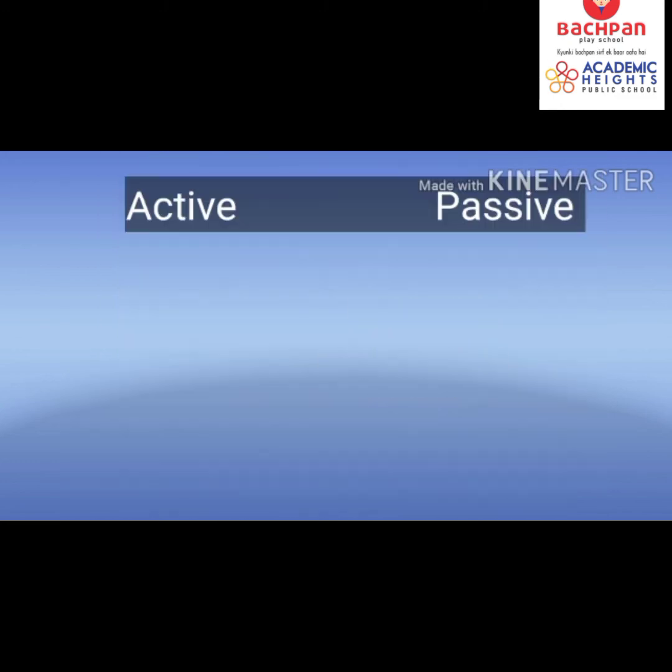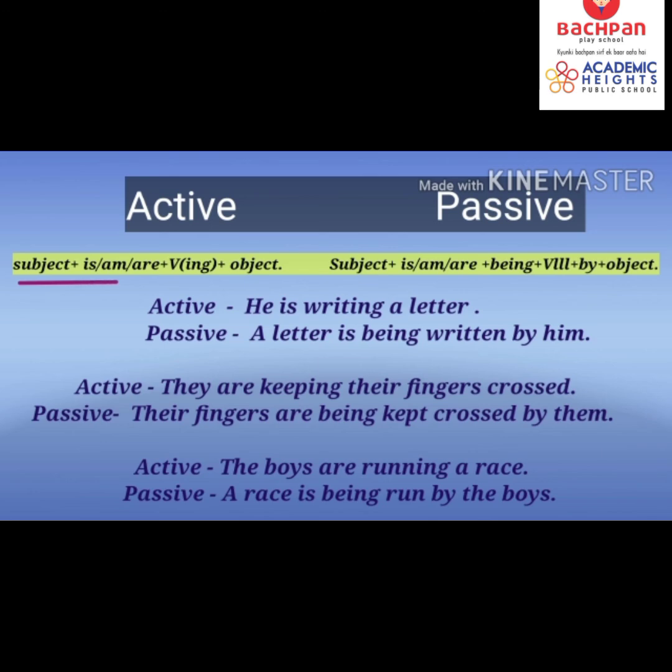The structure of the active sentence in present continuous tense is subject, is, am, are, plus verb with ing, and then object. And in the passive sentence we will write subject, is, am, are, plus being plus past participle, and then preposition by and object. Let's see some examples.